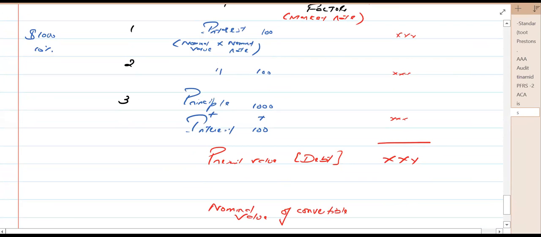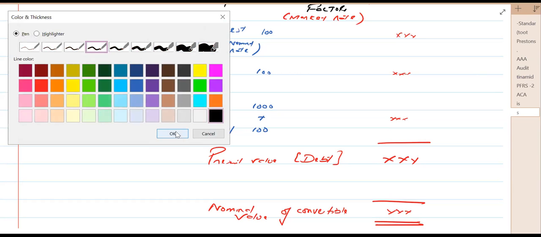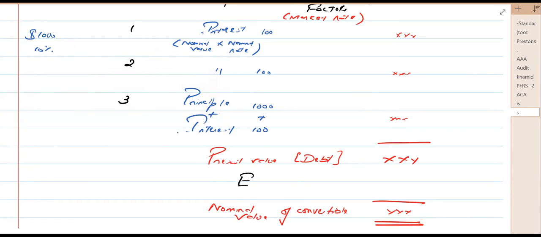So this is the present value of debt, and this is the total nominal value of the convertible, for example this 1,000. And then the balancing figure is the equity portion that is recorded in the other components of equity. It's not other comprehensive income, it's other components of equity.